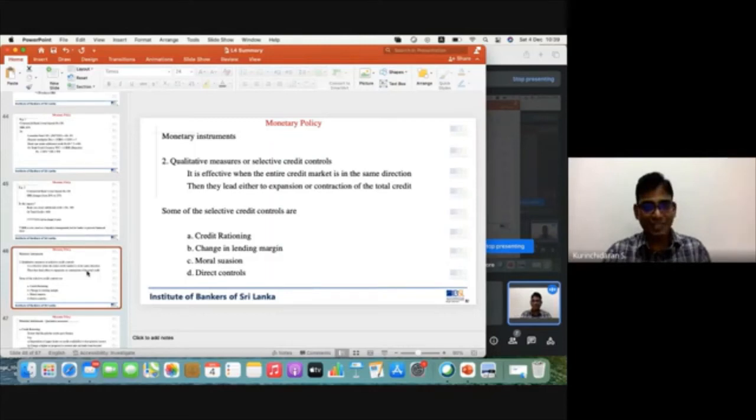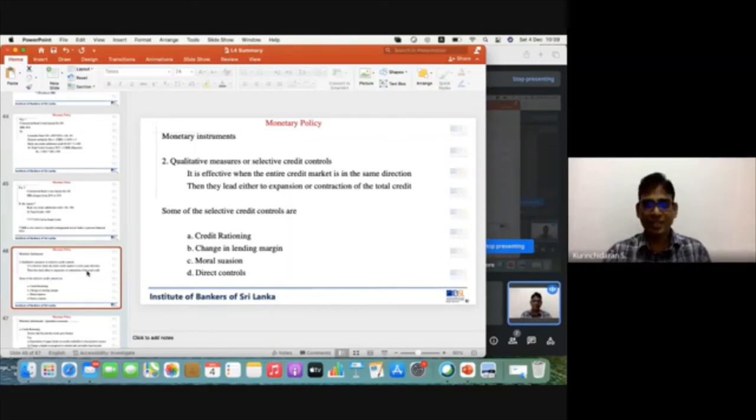Now, credit rationing, I'll tell you one example. Even though you push credit creation through various means, there's always a complaint that the agriculture sector is not given sufficient credit because it's a high-risk area.